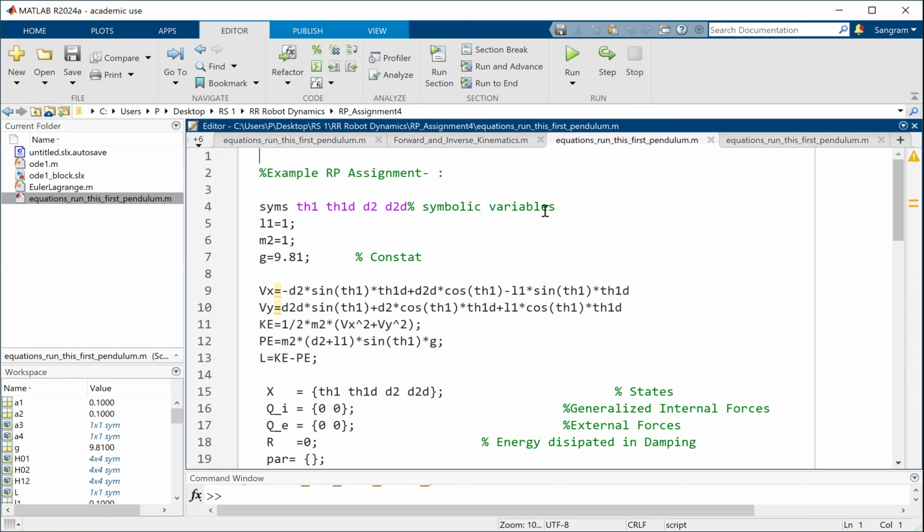A1 cosine becomes minus sine multiplied by the derivative of theta 1 with respect to time, theta 1 dot.